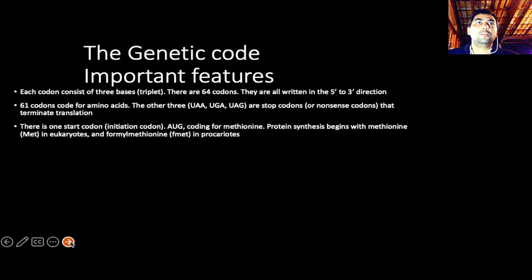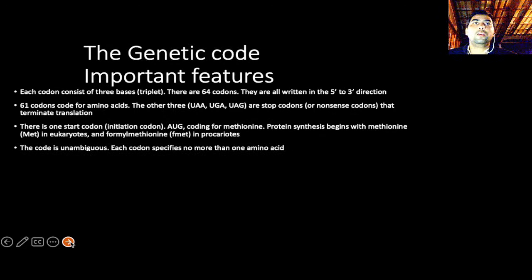There is one start codon, or initiating codon, AUG, which codes for methionine. Protein synthesis begins with methionine in eukaryotes and formylmethionine in prokaryotes.